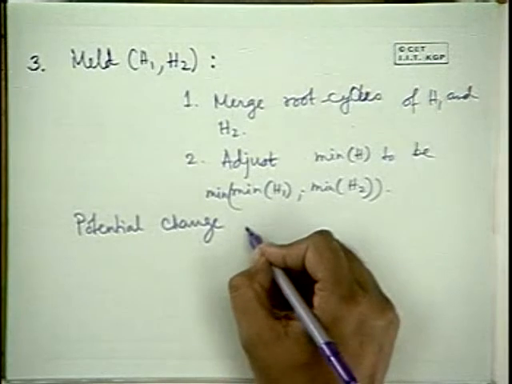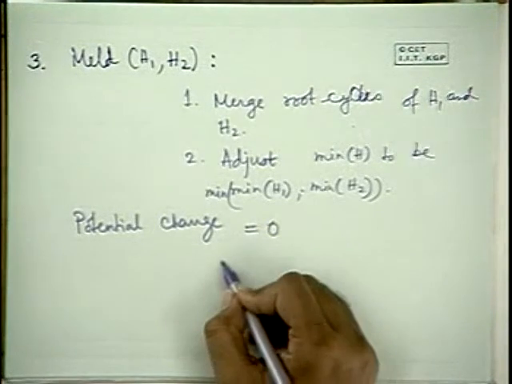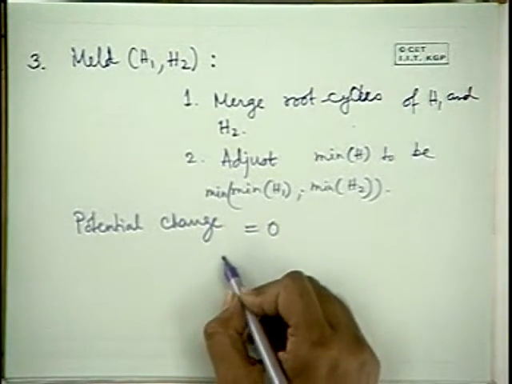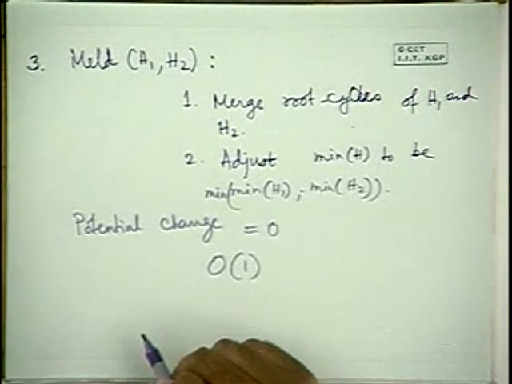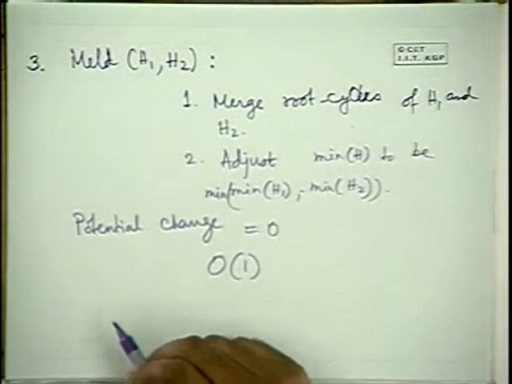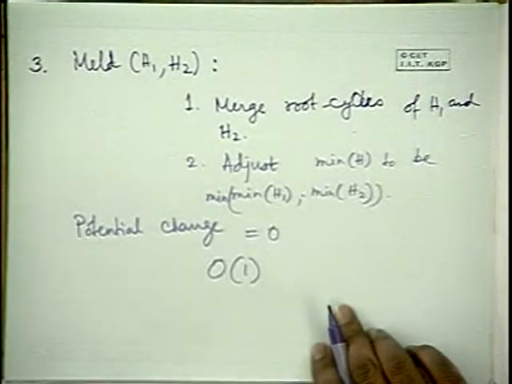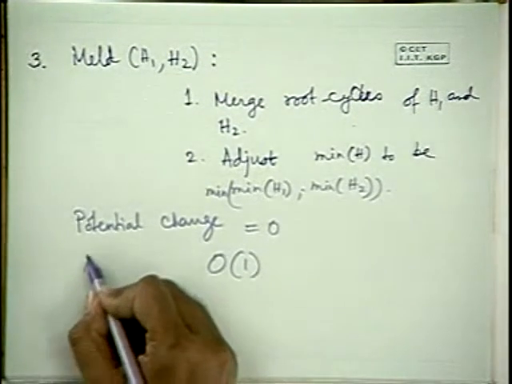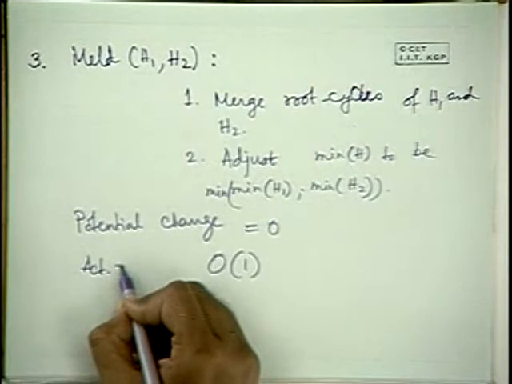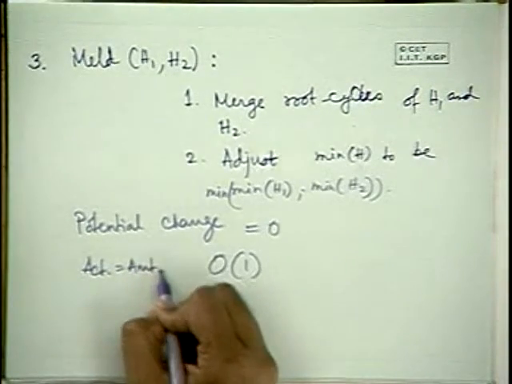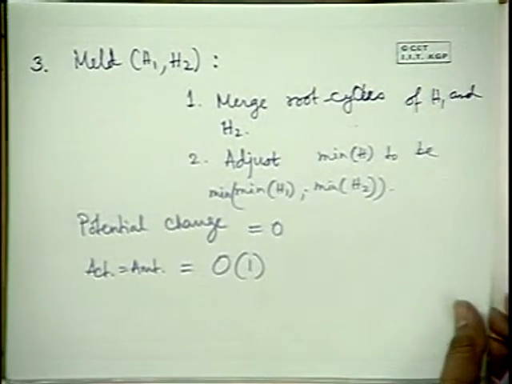So that means potential change is 0. So again amortized cost is equal to actual cost, which is order of 1. So both actual and amortized cost are order of 1. Both are the same for this operation too.